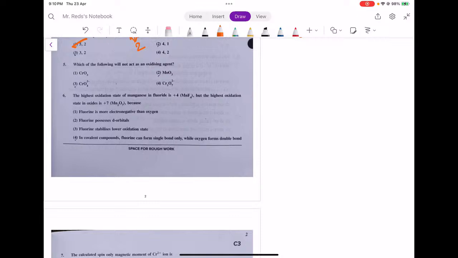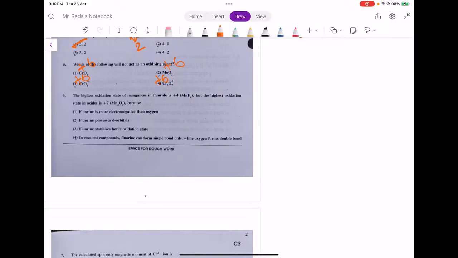Here, CrO3, chromium possesses plus 6 oxidation state; MoO3, molybdenum possesses plus 6; CrO4 2 minus, the chromate ion, chromium possesses plus 6; dichromate ion, chromium possesses plus 6. In all options the central atom possesses the same oxidation number.